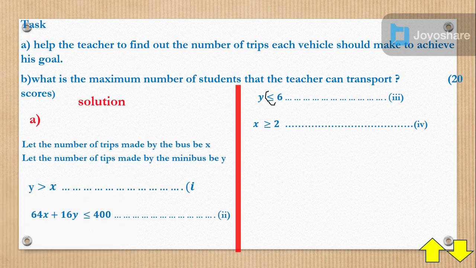This one here goes with the word at most. This one goes with the word at most. At most. And now this one goes with the word at least. Please, you must note that. This one here goes with the word at least. Mark the language in linear programming.